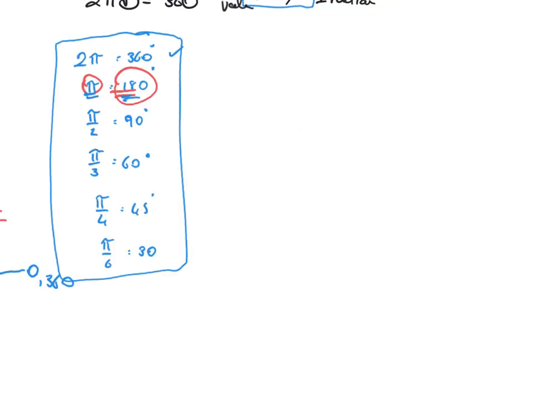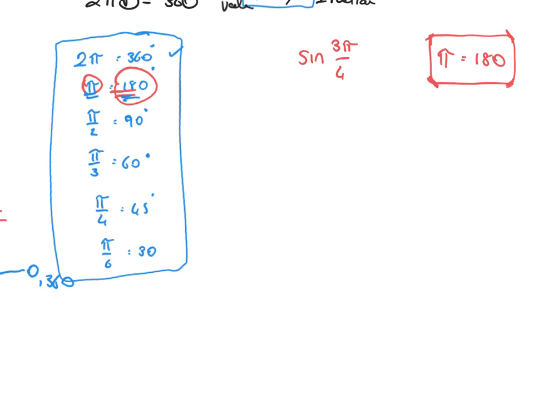Okay, let's try another one. Let's go for sine 3 pi over 4. Okay, pi radians is 180 degrees. Now, hopefully by this point you've picked up the fact that once you've established what a radian is, you then just need to learn some of these things off by heart. So pi radians is 180 degrees.